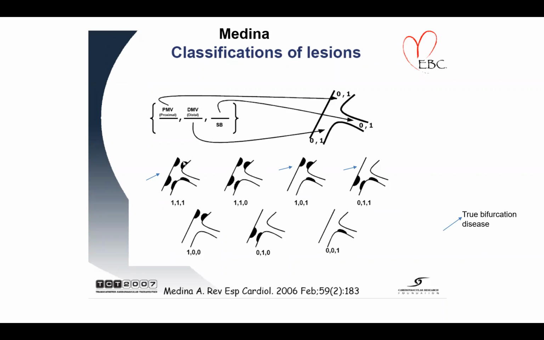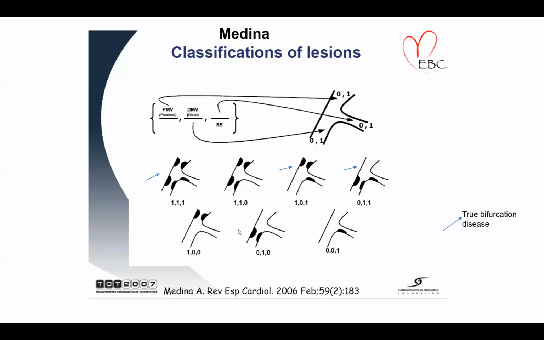So this, for example, here is one example of what we call true bifurcation. You have disease in the main branch and you have more than 50% disease in the side branch. This is another true bifurcation, and this as well. This is what we call 1-1-1. This is what we call 1-1-0 and 1-0-1.